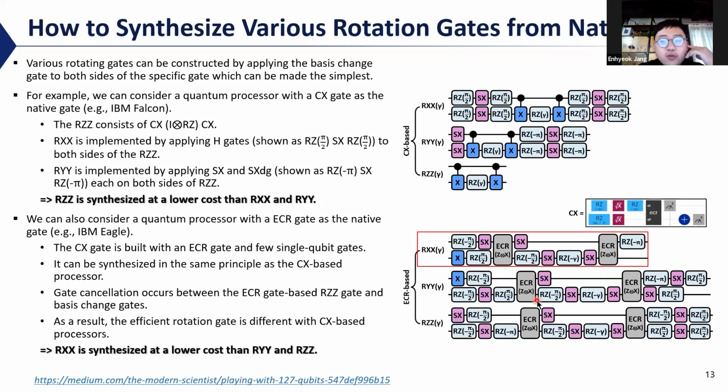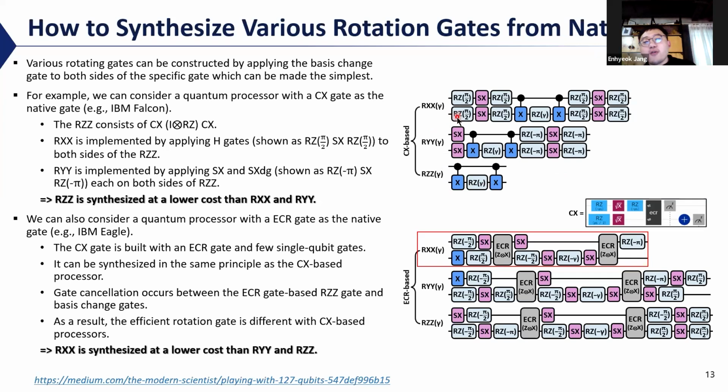And on this page, we explain the various rotational gates. Here are the decomposed gates for CX-based quantum computers, such as IBM Lagos. In this case, the RZZ gate is the most efficient rotational gate because we can synthesize the RZZ gate using 2 CX gates and 1 RZ gate.